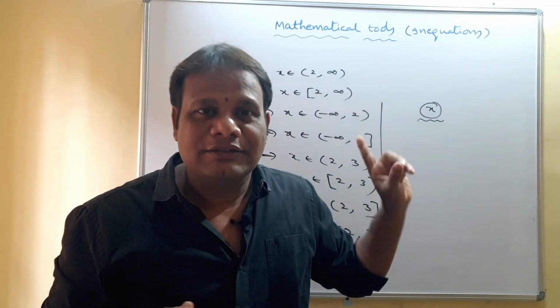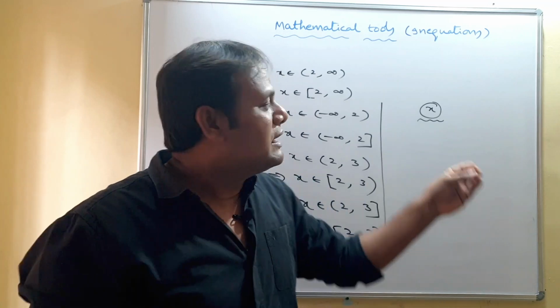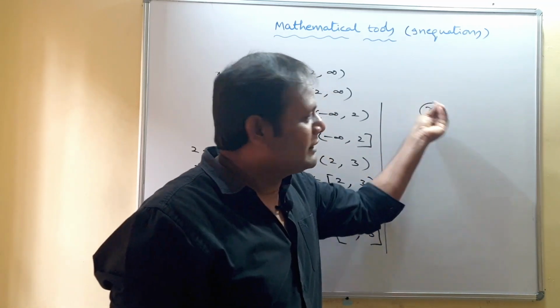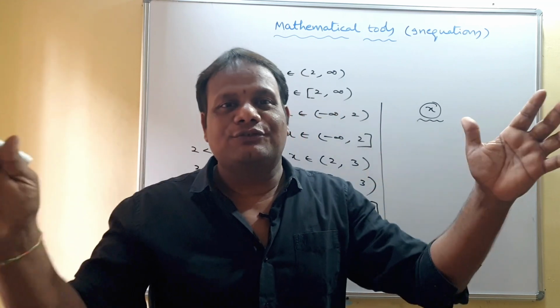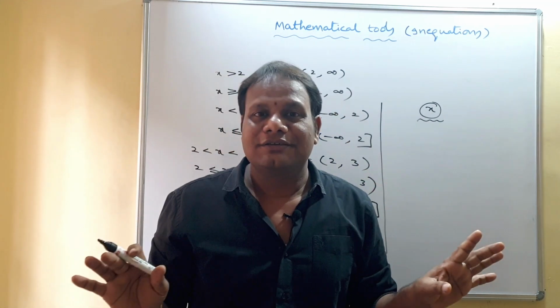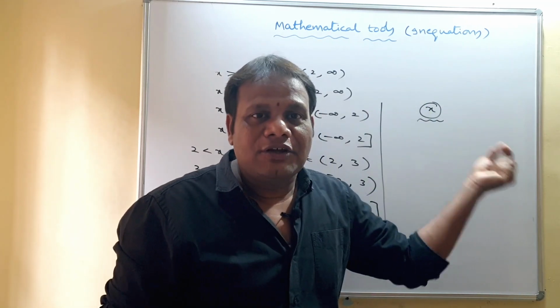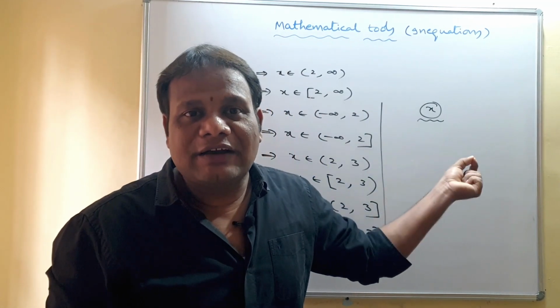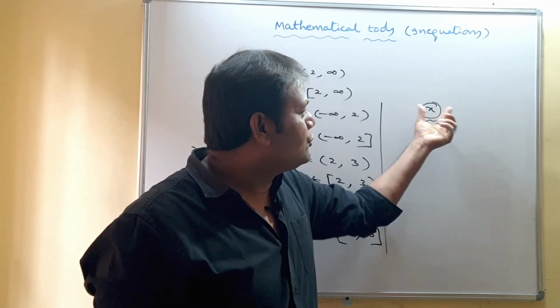Is it clear? So my dear students, from now onwards don't get confused, and by seeing x, don't treat that as positive or negative. That is wrong. What number we are giving in place of x, based on that we can give the sign to x.